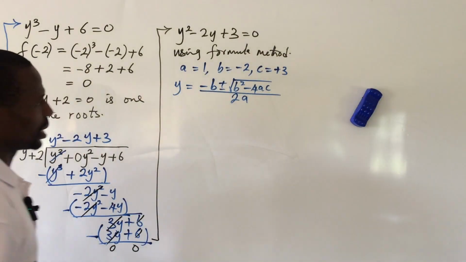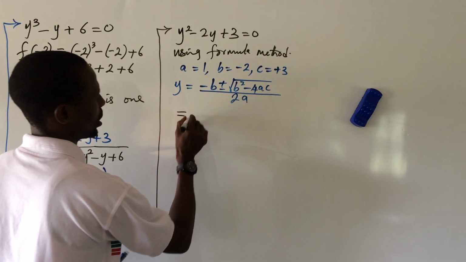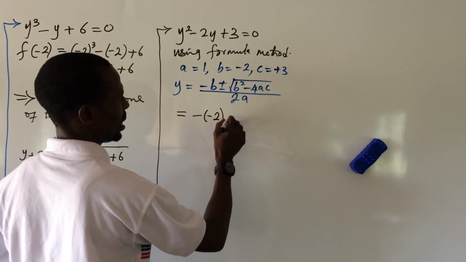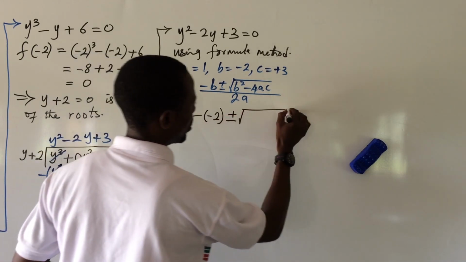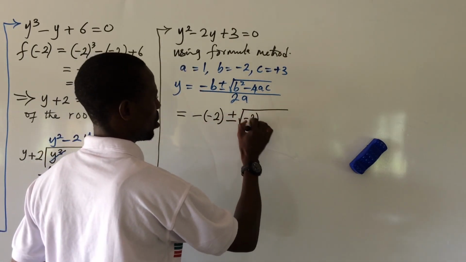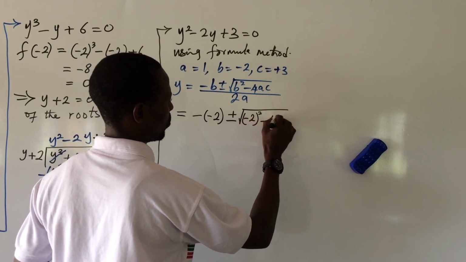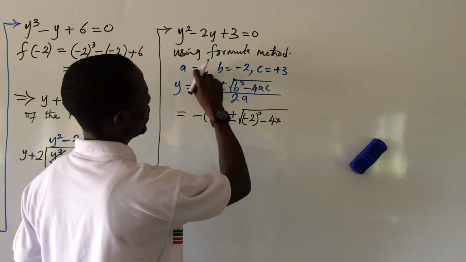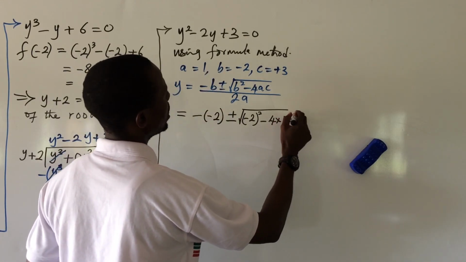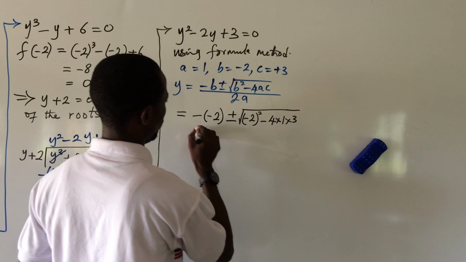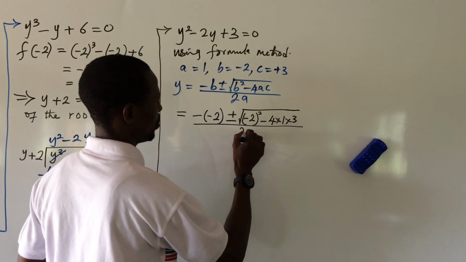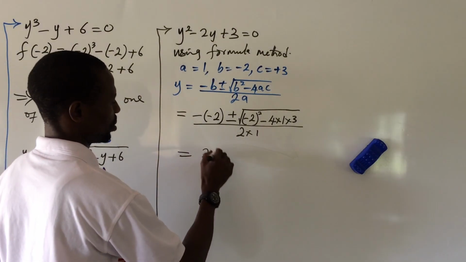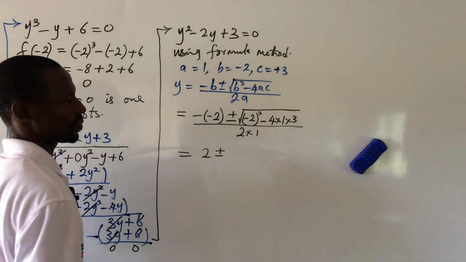If we do this, this will give us minus bracket minus 2 close bracket plus minus square root of minus 2 all squared minus 4 times a is 1 times c is 3 all over 2 times 1. So quickly, this will give us plus 2 plus minus.